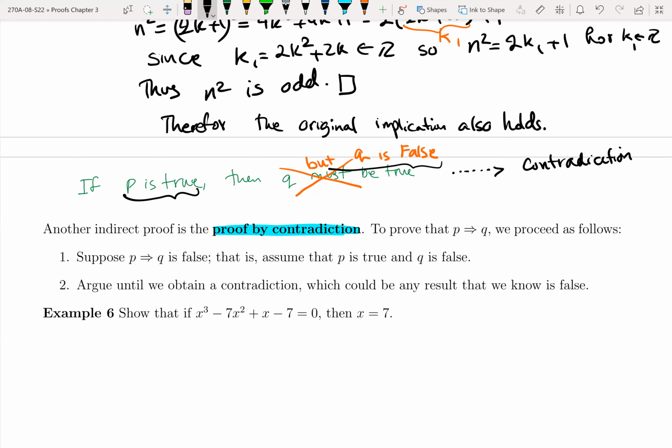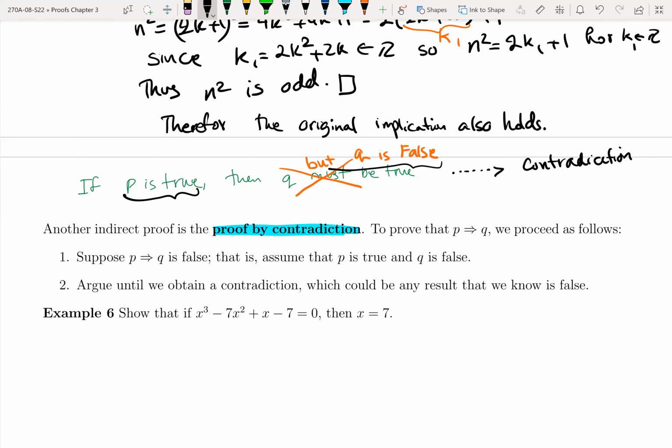You say P is true, meaning you got an A, but Q is false, meaning you didn't pass the course. It's really silly, right? It's nonsense. I call it a contradiction, because I can't get an A and not pass the course, okay?